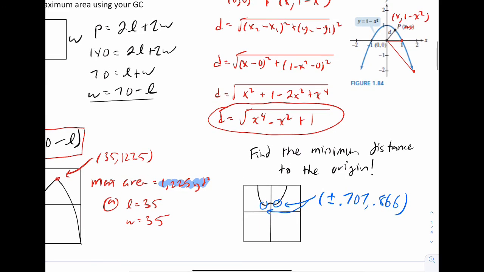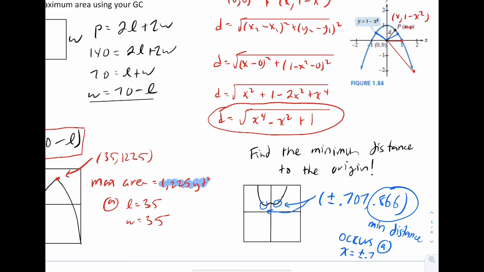So if you imagine the graph, the minimum distance should be somewhere over here, and that length is 0.866. That's pretty cool. So there's our minimum distance. It's going to occur at x equals plus or minus 0.707.